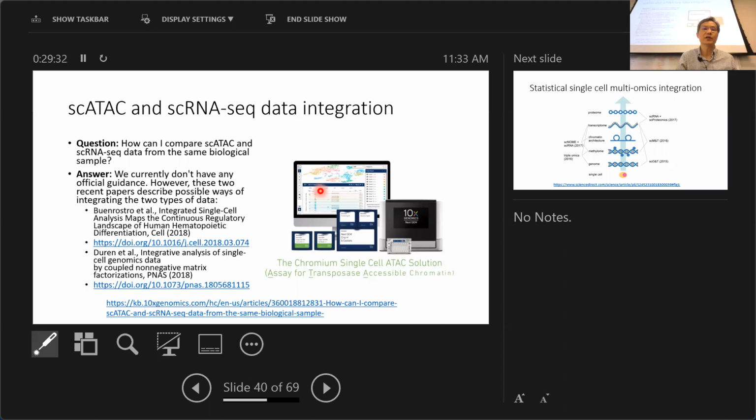It's a very powerful way. We have some example data, but we don't know how to use this information yet. Data scientists are still trying to work on how to use this matched single cell ATAC-seq and single cell RNA-seq to learn the regulation between genes.